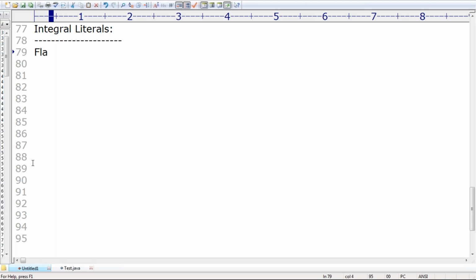The matter of floating point literals. Because after integral data types, I covered floating point data types, right? Remember this.